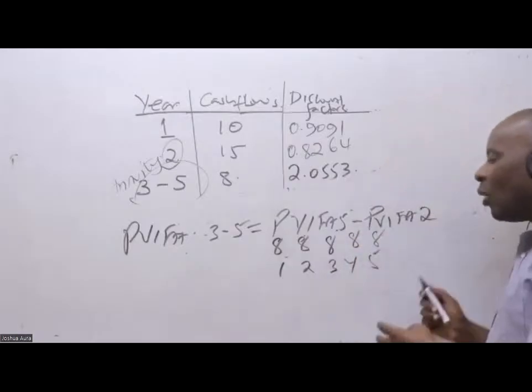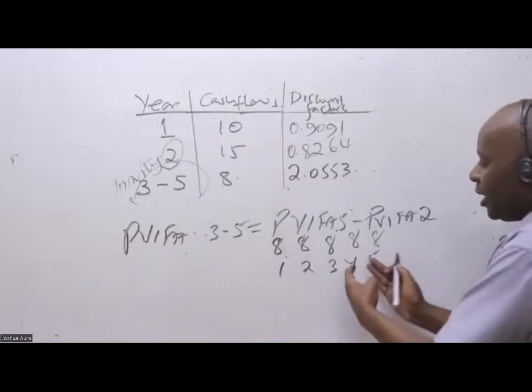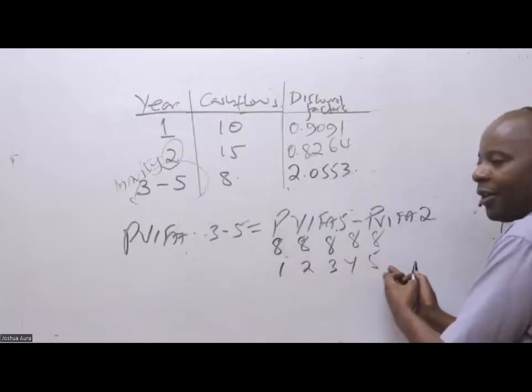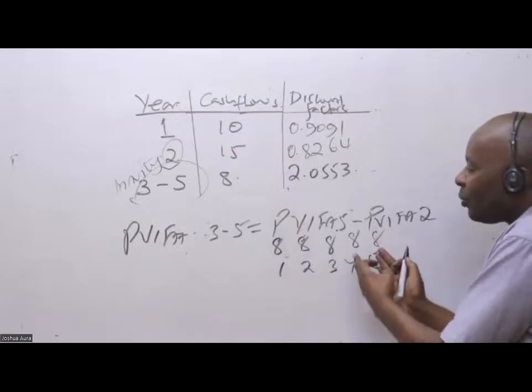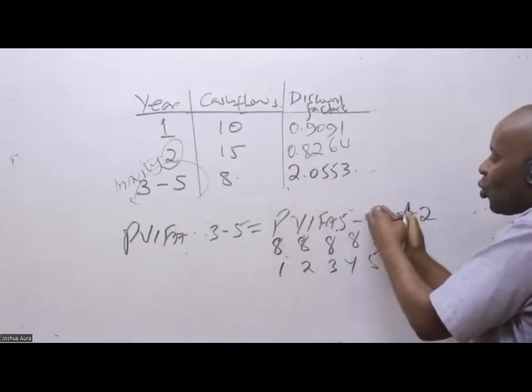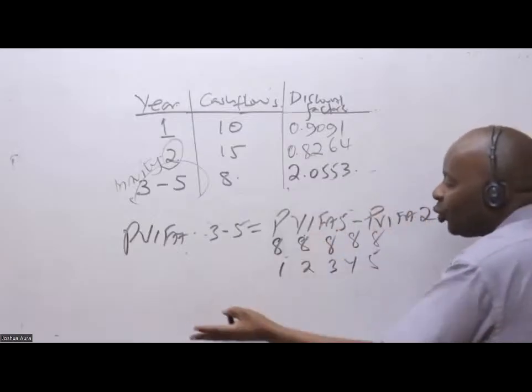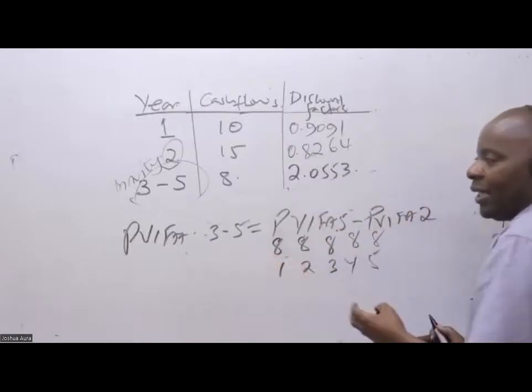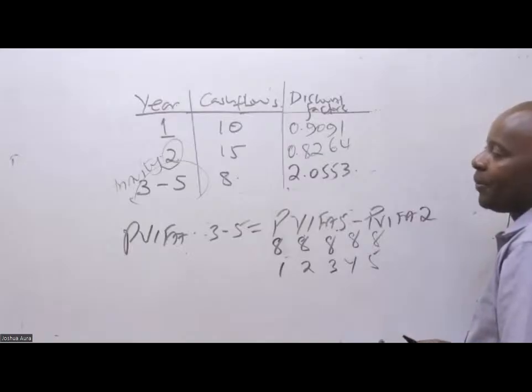And yet I want to be left with years 3 to 5. So I assume I had these 5 annuities, but truthfully I'm supposed to subtract PV for the first 2. They are unwanted.